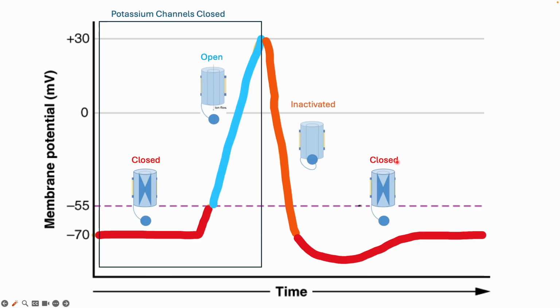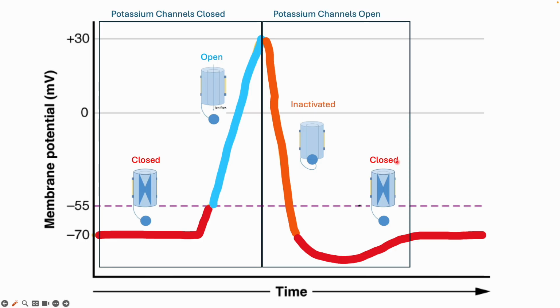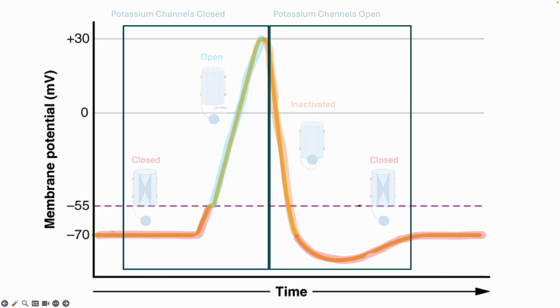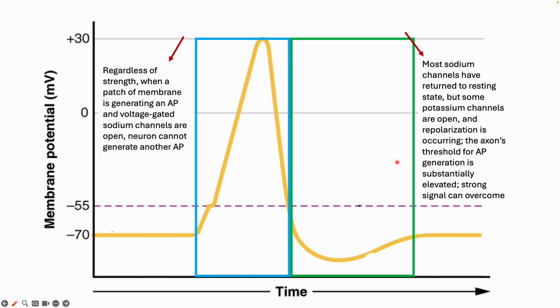What's important about this is that you have sodium channels closed in this region while the potassium channels are open in this region, meaning that regardless of the strength, when a patch of membrane is generating an action potential and voltage-gated channels are open, the neuron cannot generate another action potential.